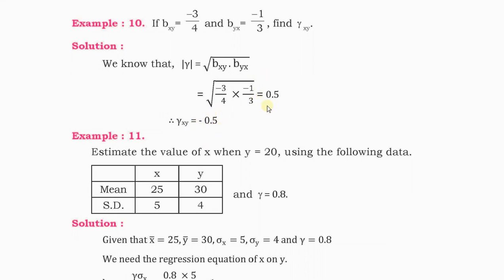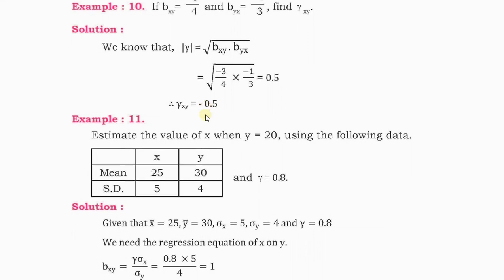So that final answer yields 0.5, so minus 0.5. This is how you find the correlation coefficient using the regression coefficients.